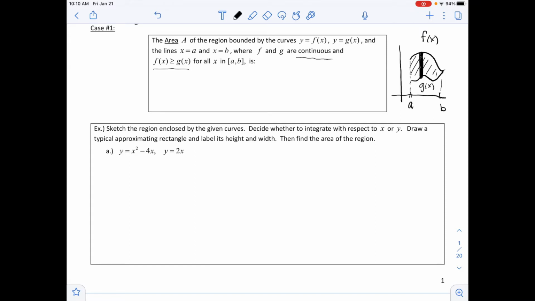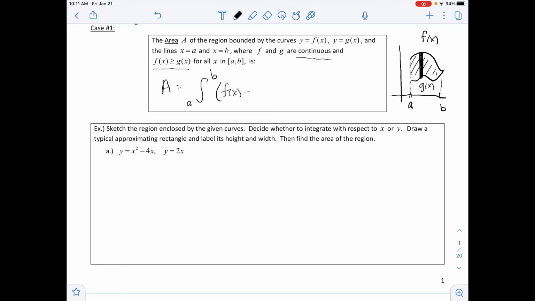And so we're going to be using a definite integral to calculate that area, called A, which is going to be between a and b. And again, talking about each of those rectangles, the height was f of x minus g of x.